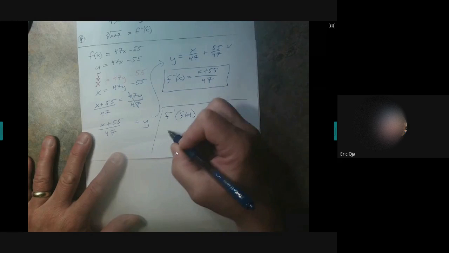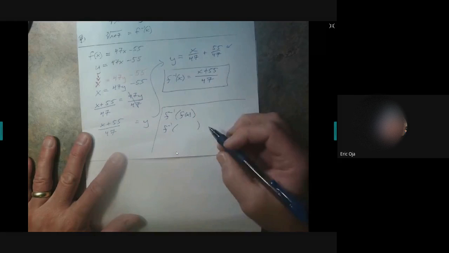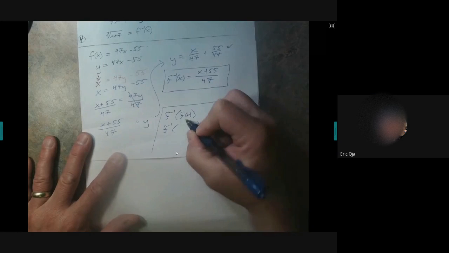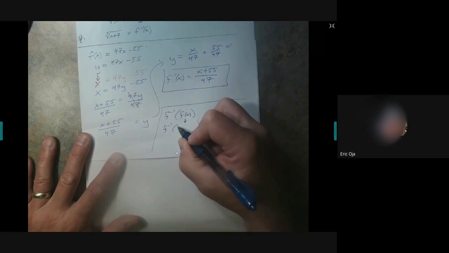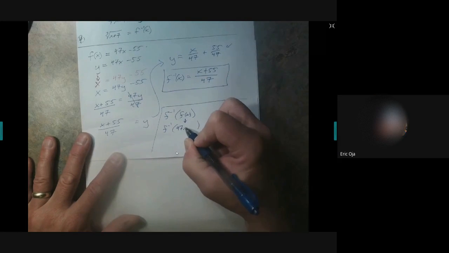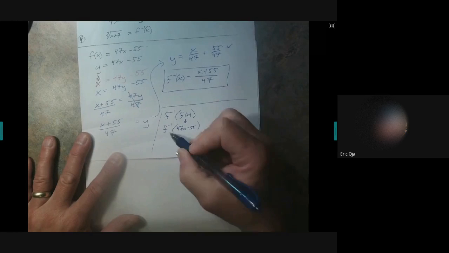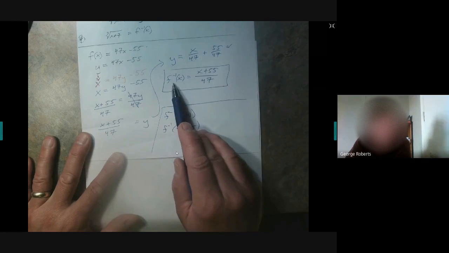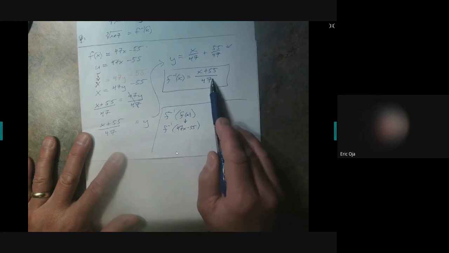So f of x is 47x minus 55. It's right there, so that's what I'm going to replace for f of x. And then what does f inverse do? Here's my rule: f inverse of x is x plus 55 over 47.